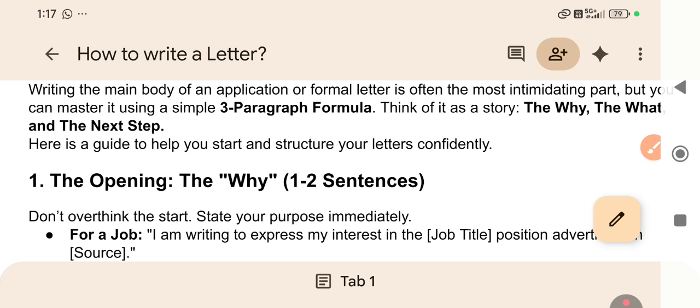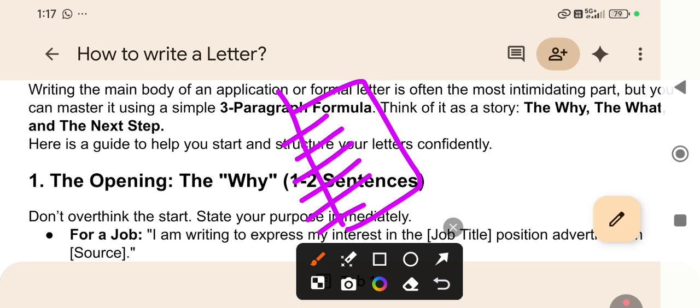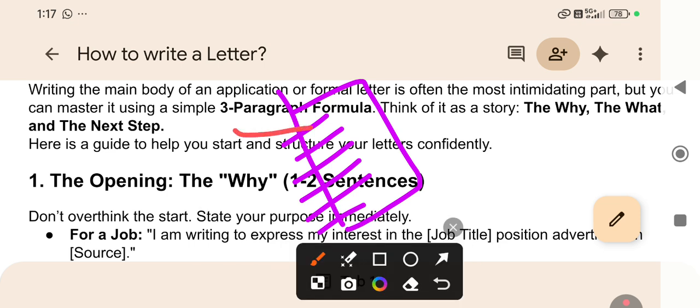That a letter is divided into seven essential parts, right? What are they? So that's the sender's name. Number two, that's a date. Then inside address.